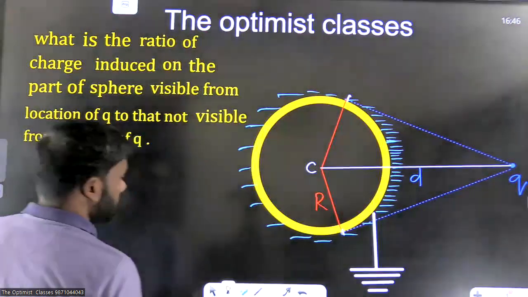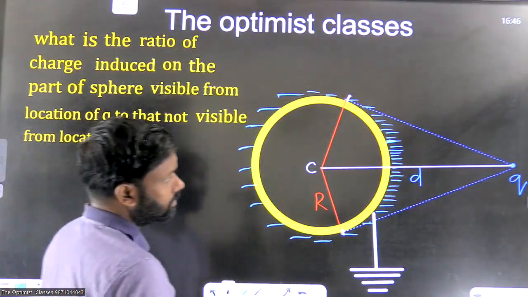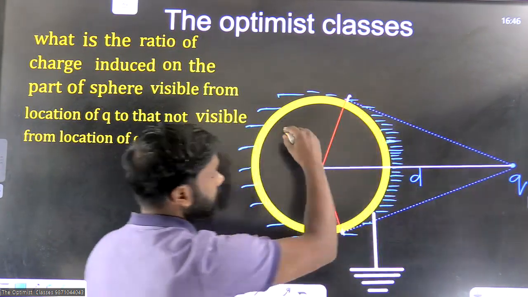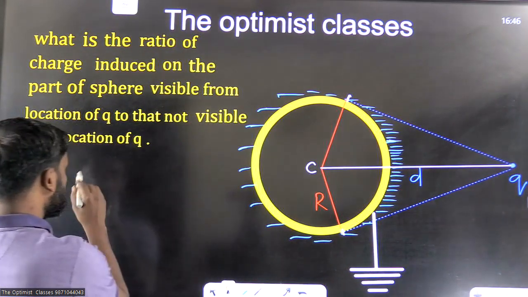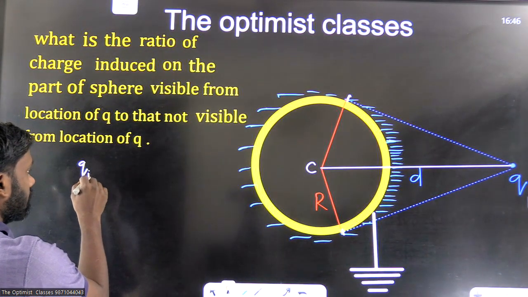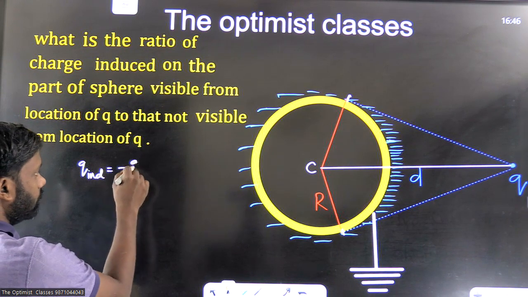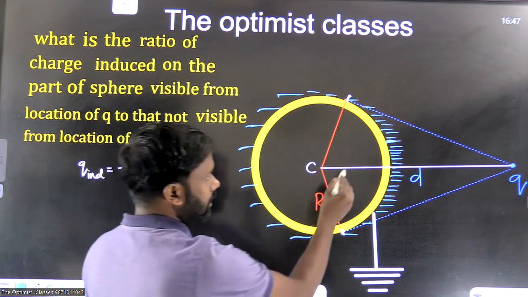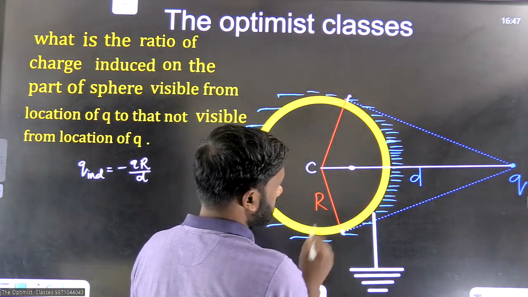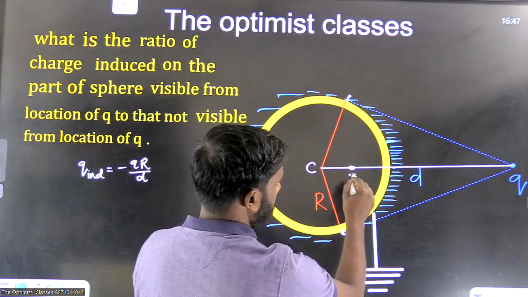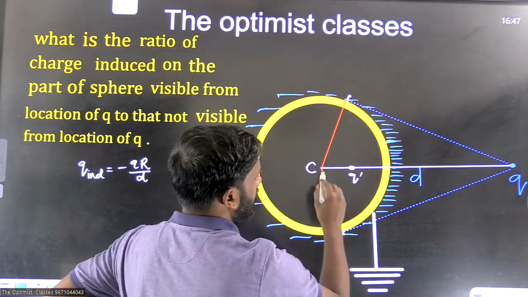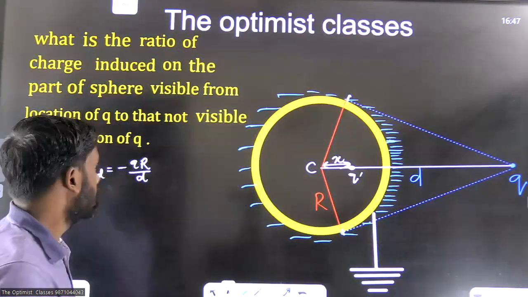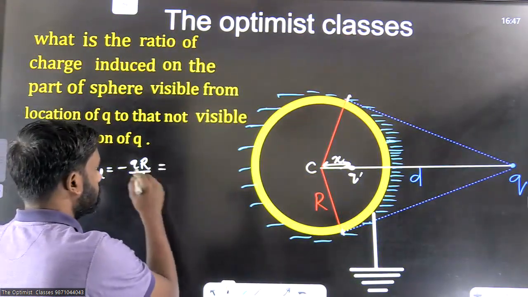All right. For that, we will be using the image method. We know that when a charge Q is placed in front of a grounded conducting sphere, the total charge induced, Q induced, will be equal to minus Q into R by D. If we use the image method, then we will have to place an image here, which we will call Q dash, and let's say its distance from the center of the sphere is X. Q dash is actually equal to this charge.